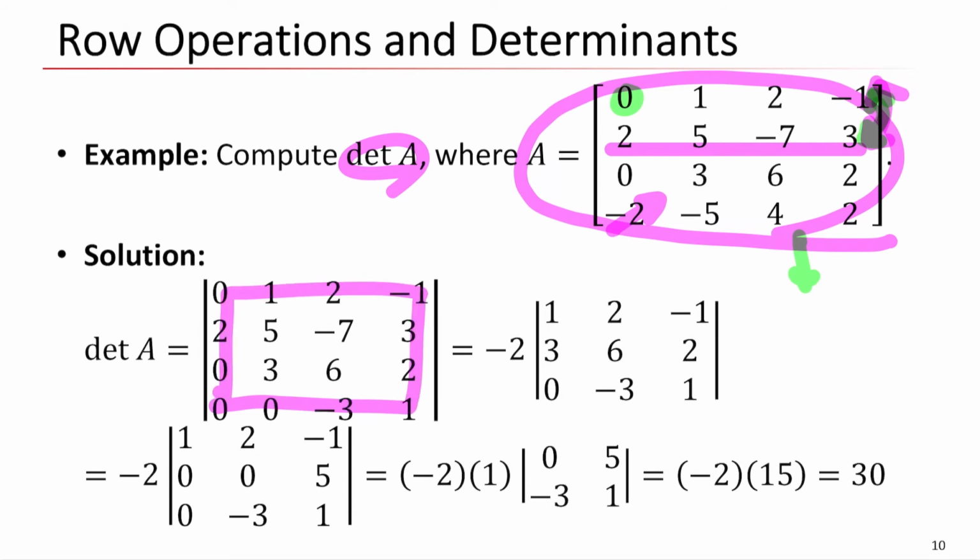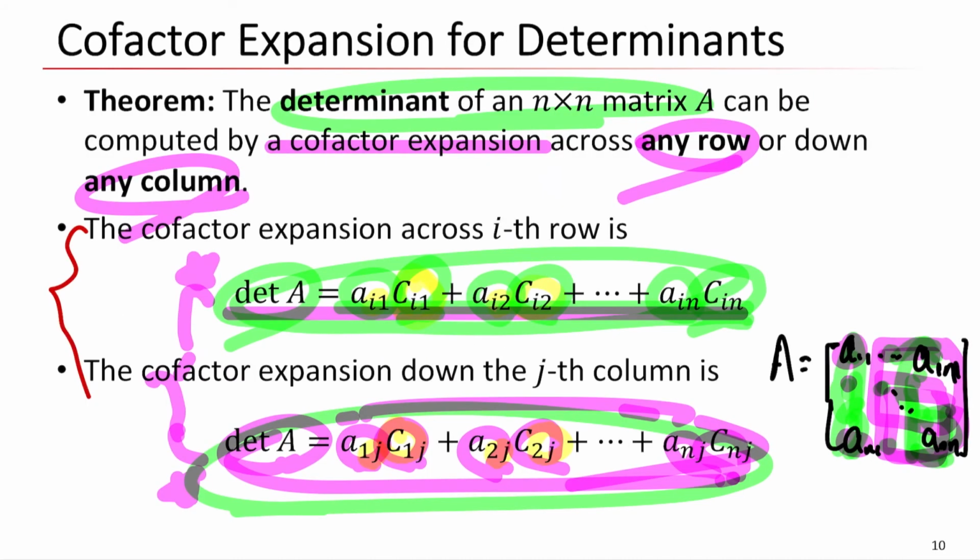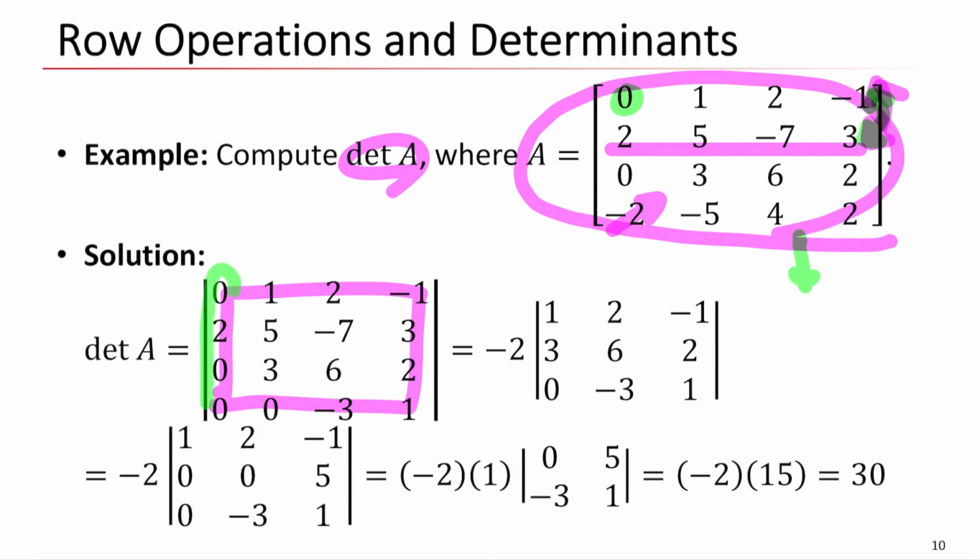Then from here we can use the cofactor based method. Why? Because in this column they are all 0.